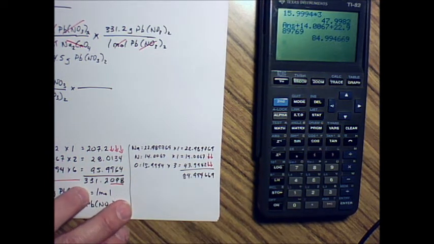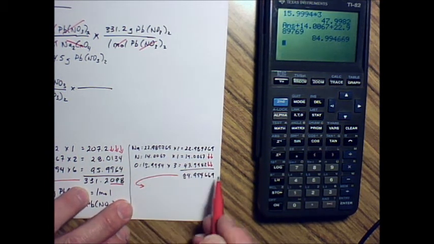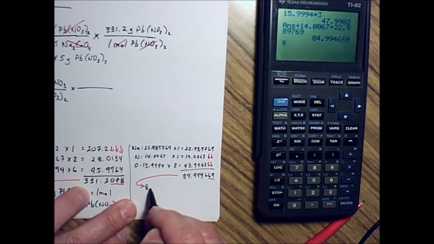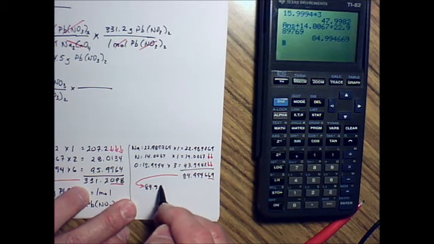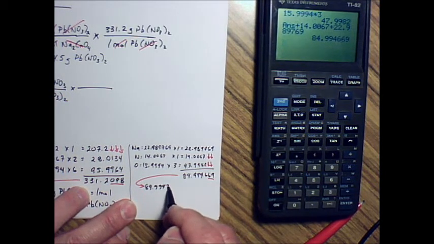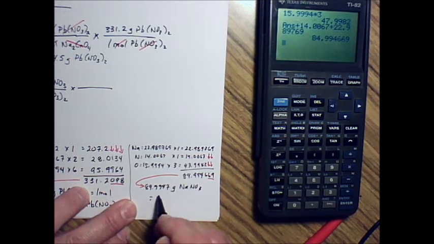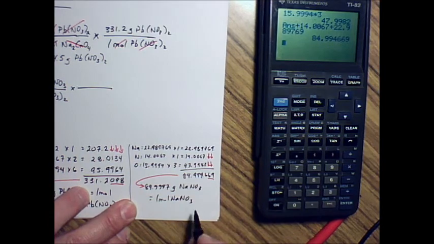Going to round that off. I need to get rid of the last two digits here. 84.9947 grams of sodium nitrate equals 1 mole of sodium nitrate.